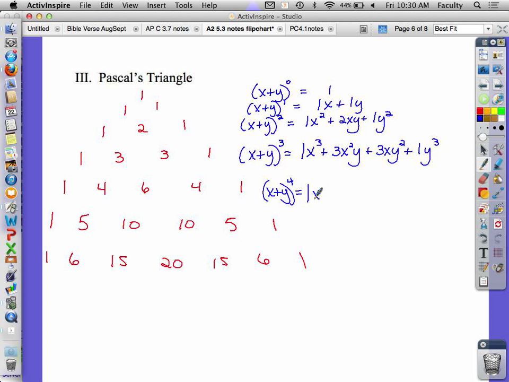This would be 1x to the fourth plus 4x cubed y plus 6x squared y squared plus 4xy cubed plus 1y to the fourth. Now, you guys following the pattern, it starts with x to that power, but there's no y. And then the x's go down, and then the y's are coming up, the other way.